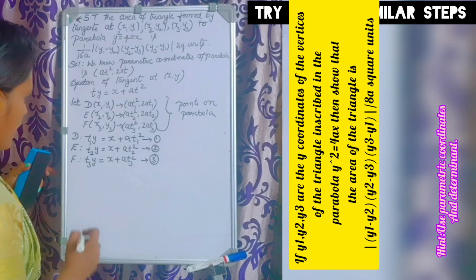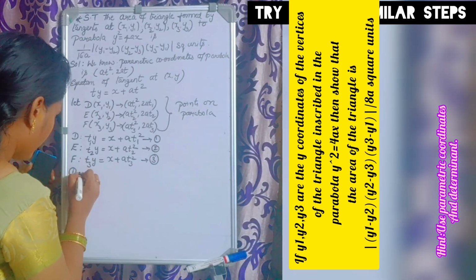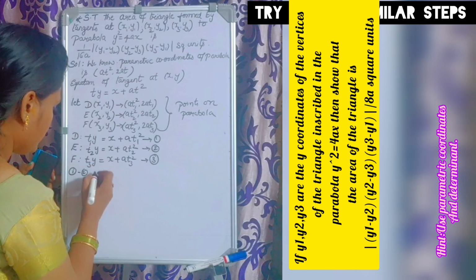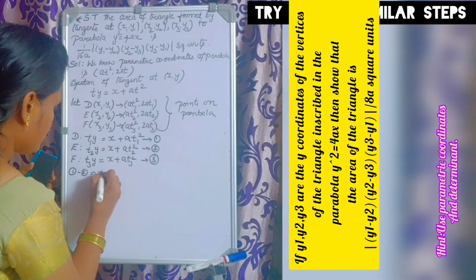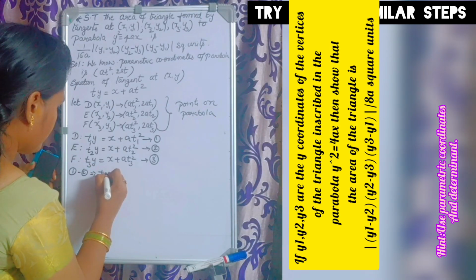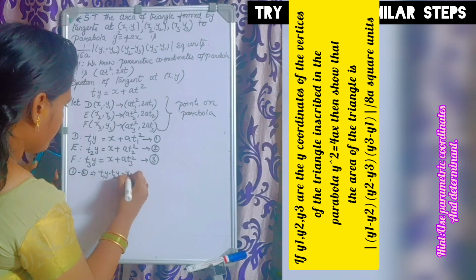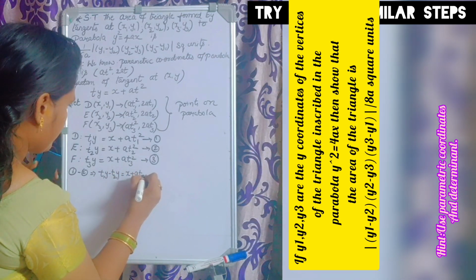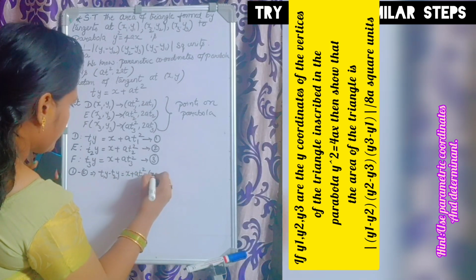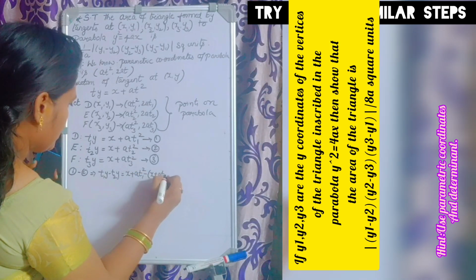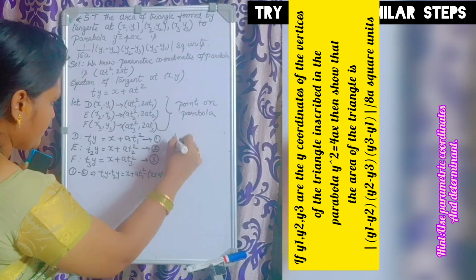Okay. Now equation 1 minus 2 gives t1 y minus t2 y is equal to x plus a t1 square minus x plus a t2 square, right?